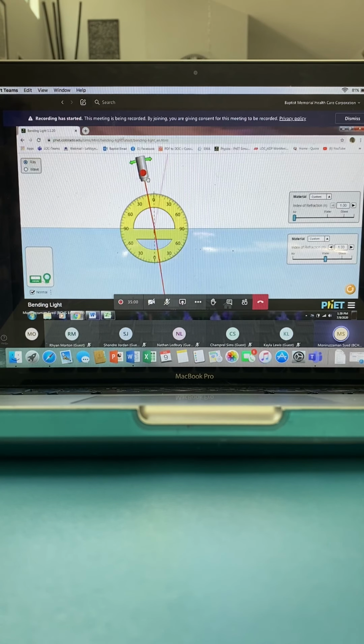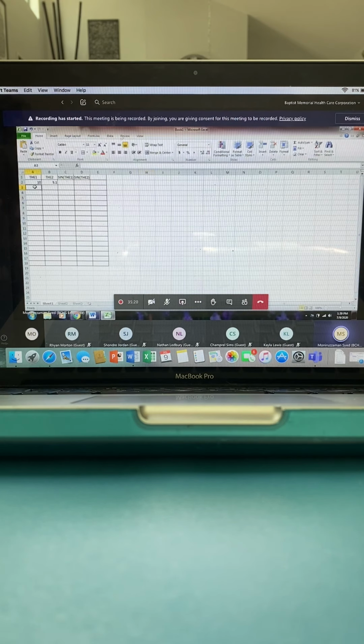Let's try to move this one slightly more. Let's do it here. So how much angle of incidence? 5, 10, 15 degrees. So let's put it here, 15 degrees, the second. And how much is the angle of refraction?